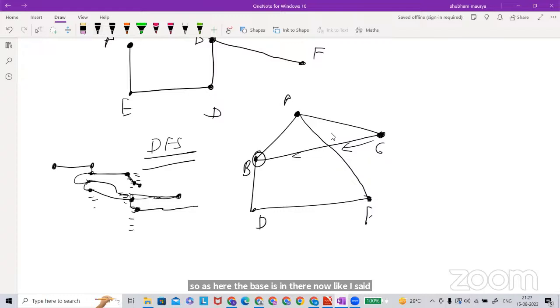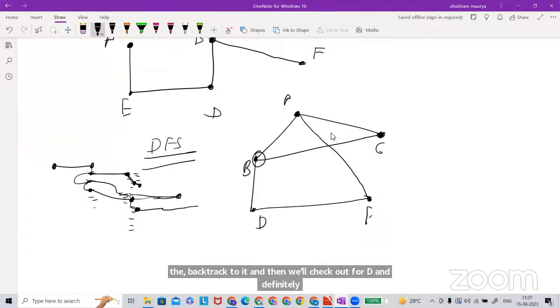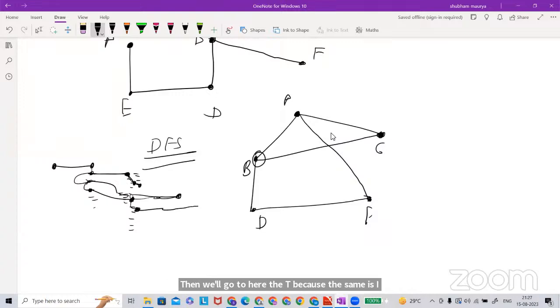Backtrack to A and then we'll check for D and F, right? Then we'll go to D, because the same as I started from A. Okay, I went to a link here, and from the link I reached another link. From B I reached here, and then the page is ended now because it's already seen, and this one is already seen.